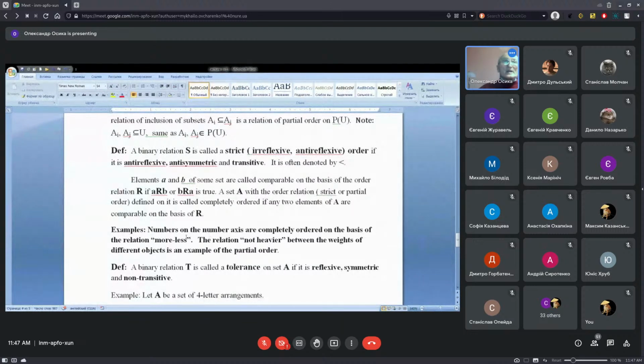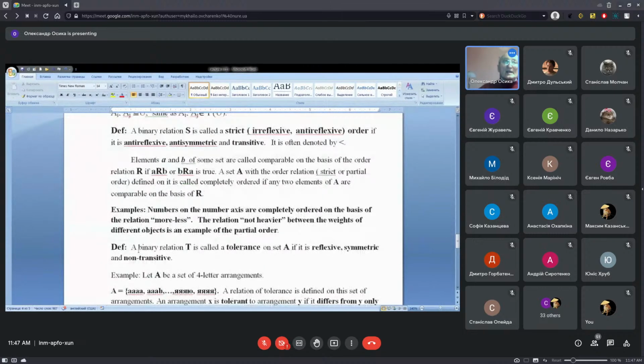Examples. I mentioned it. Definition. Binary relation T, capital, is called a tolerance on set A if it is reflexive, symmetric, and non-transitive.